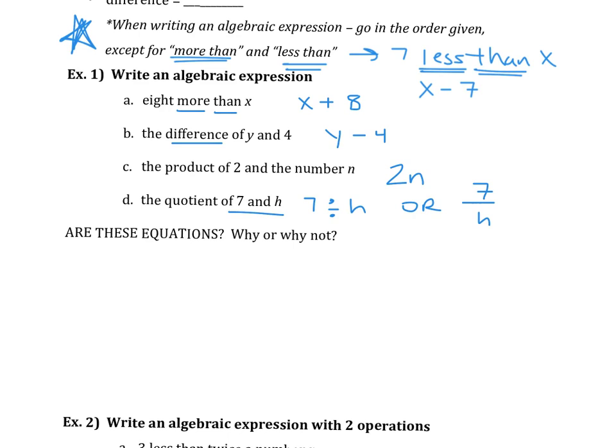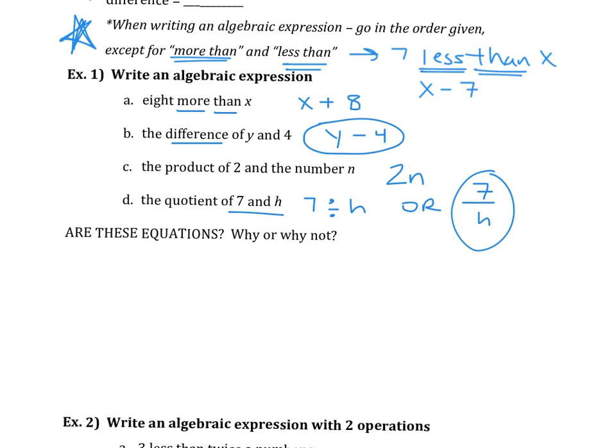Okay? Okay, so here's my question. Are those equations? Would you say this is an equation, or y minus 4 is an equation? No. No, why not? What makes something an equation? What do you hear in the word equation?